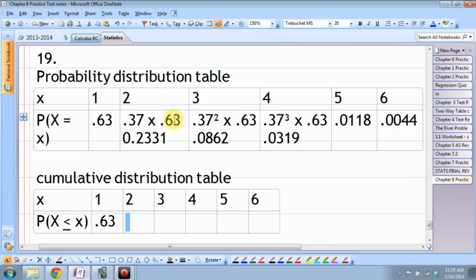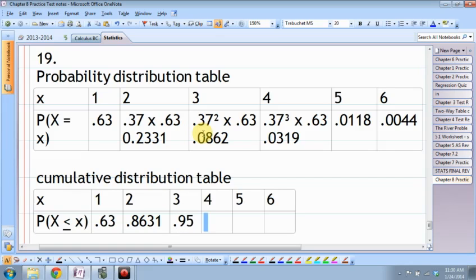Here you would have to add 0.63 plus 0.2331, that's 0.8631. And then we have to add this plus this plus this, 0.95. And then keep on adding down, 0.98, 0.99, 0.997. So basically you keep on adding all the way to the left.